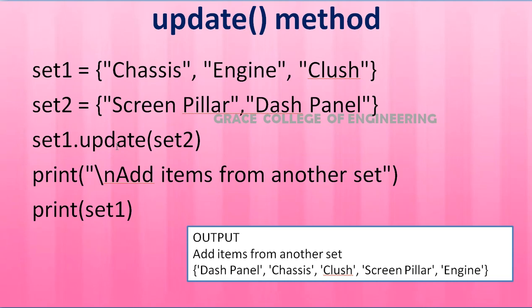To add the items from another set into the current set, use the update method. Next, print 'add items from another set'. Print set1. So you get the output: dash panel, chassis, clutch, screen pillar, engine.